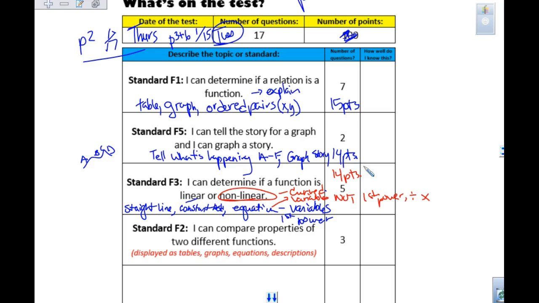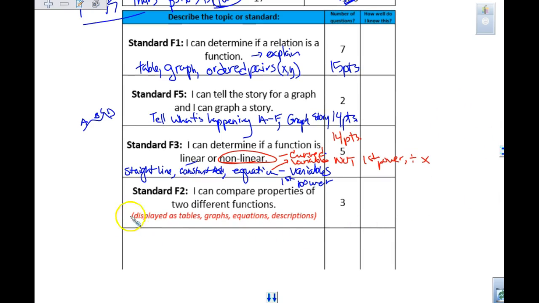The last one, you are going to be looking at comparing the properties of the two. So this is pretty much like E8 homework. It is like what you did for today. I might give you a story, a table, a graph, and ask you to tell me the slope, the y-intercept.